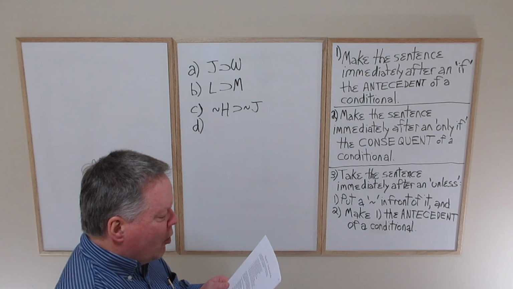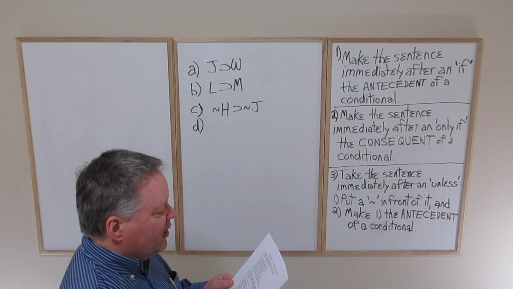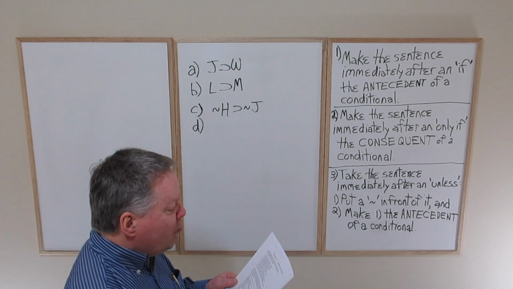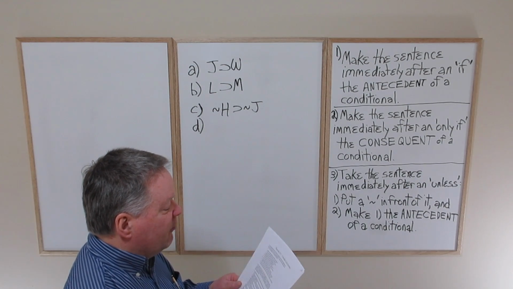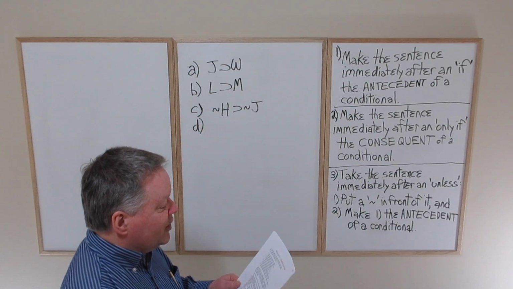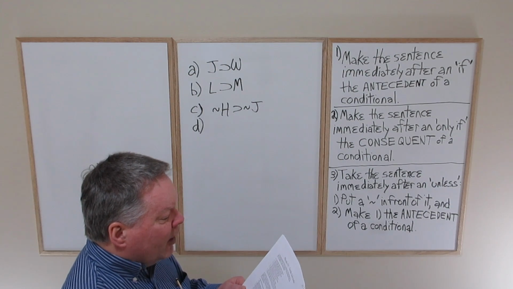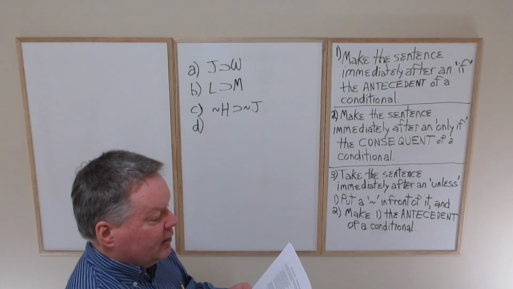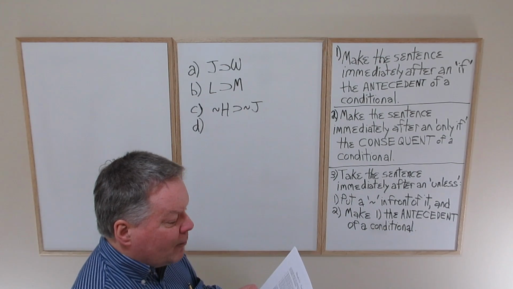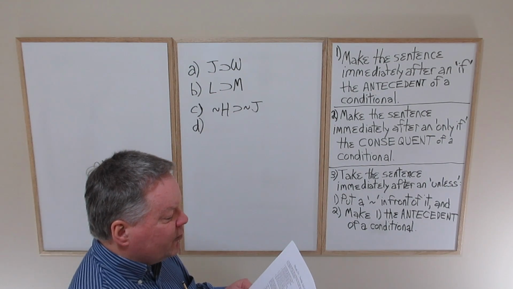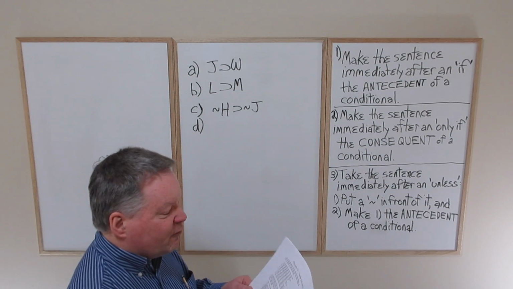What we've got there is a conjunction of two different conditionals. So, the sentence, Mary does not what? Does not work late. So that's tilde W, which comes after the four-word phrase, if and only if.